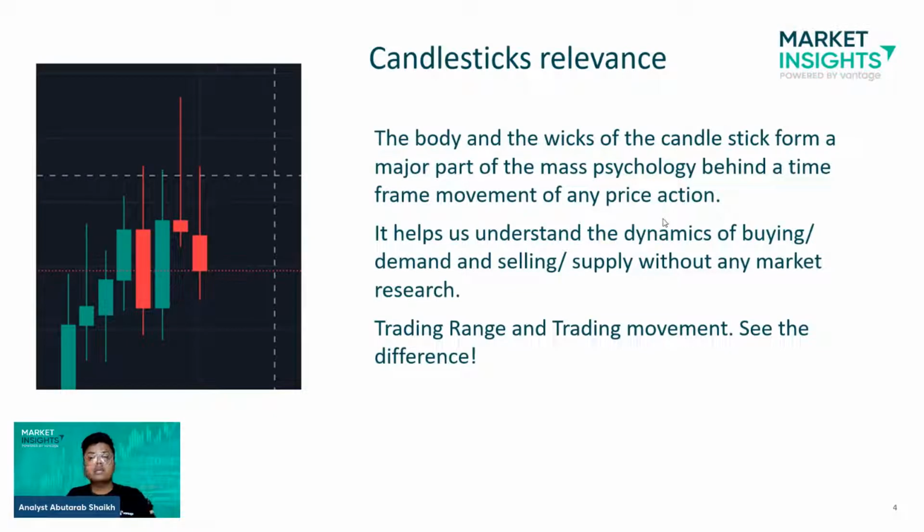What are they thinking? Whether they are thinking to sell or to buy, what the demand and supply dynamics are. These are the only two things constantly colliding in the market, and that is why the market is moving. Candlesticks show that collision, the interaction between demand and supply. And it is beautiful. I will show you what it basically means in very simple terms.